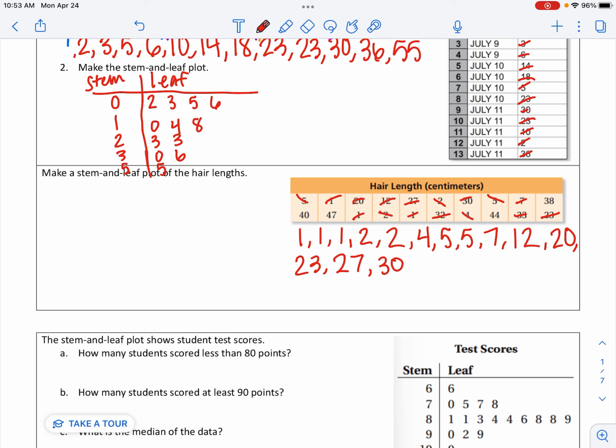Then we have 38 and 40. And then 44 and 47. So we should have 20. Go ahead and count and make sure you have 20. Okay, I have 20. So next, make your stem and leaf plot.